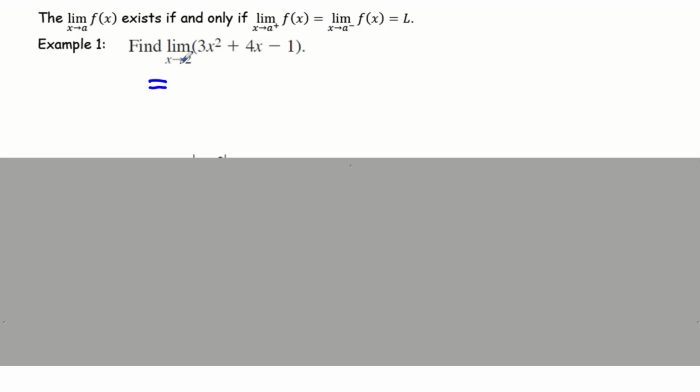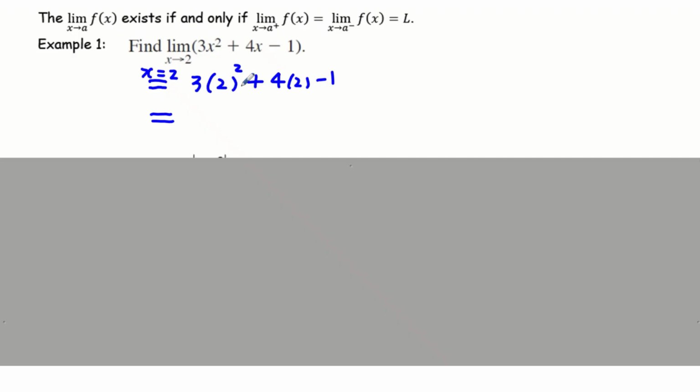Direct substitution means we just sub in x equals 2 to the function, so 3 times 2 squared plus 4 times 2 minus 1. Once we sub in the value of x, we get rid of the limit sign, so it is equal to.